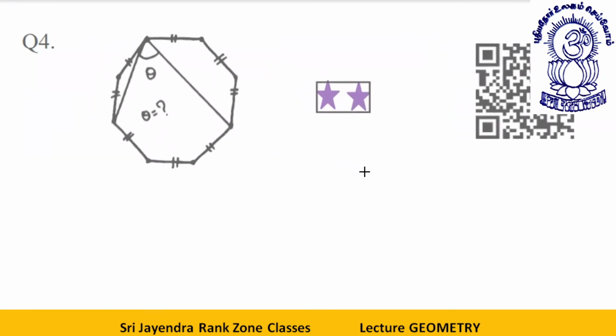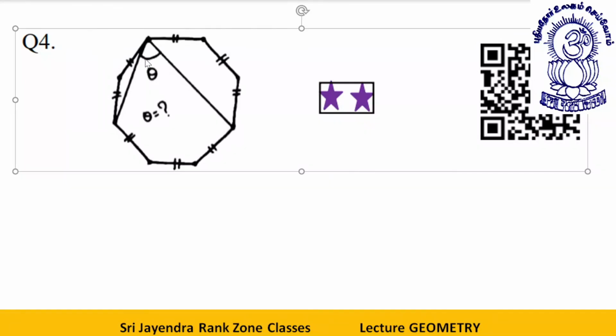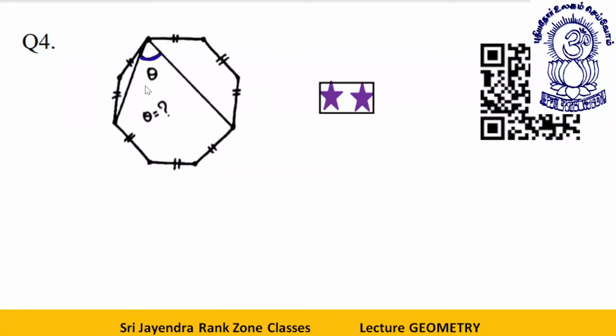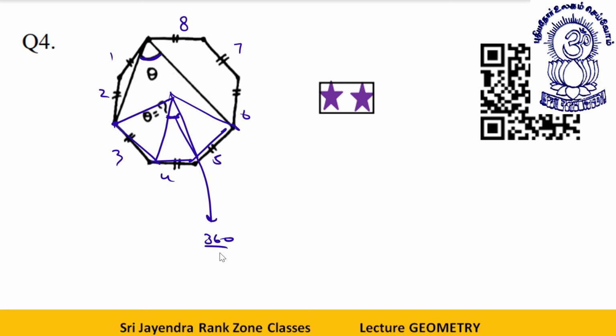Now comes the other thing, see students. We have to find this angle theta. You have to visualize how this angle theta is formed. See, first of all, how many sides? 1, 2, 3, 4, 5, 6, 7, 8. So this angle is being formed by these three. 1, 2, 3. So what will be the angle at the center? This angle will be 360 by 8.